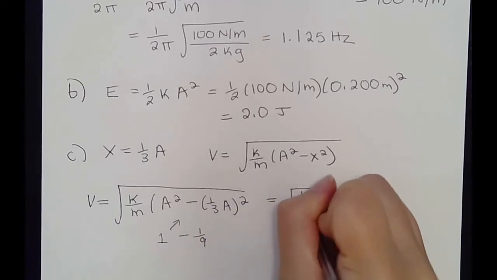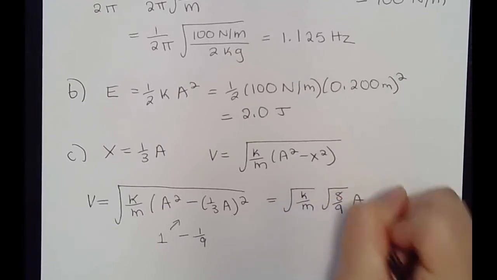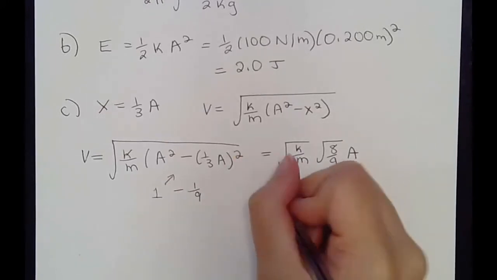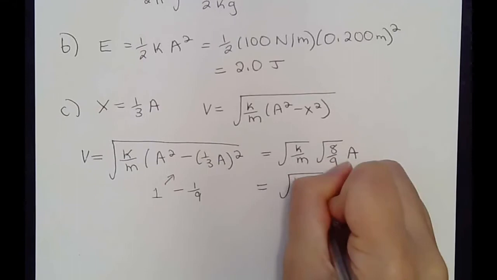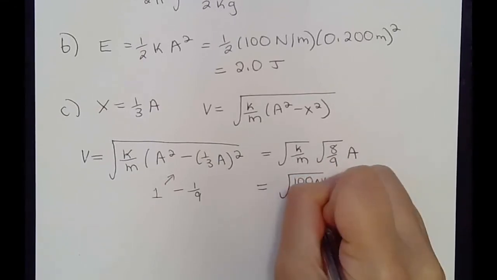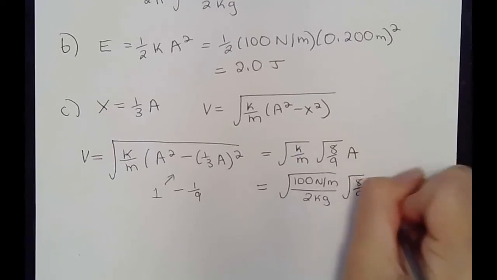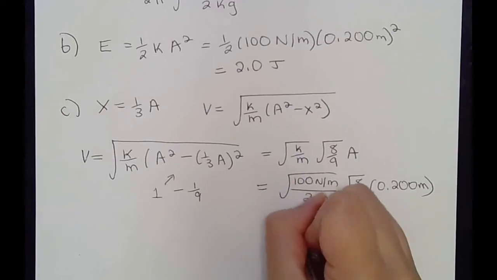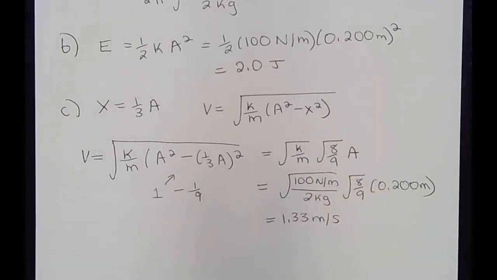So root k over m times root 8 over 9 A. And then plugging that in, root of 100 newtons per meter over 2 kilograms, root 8 over 9 times 0.2 meters is 1.33 meters per second. So that's the speed at that point.